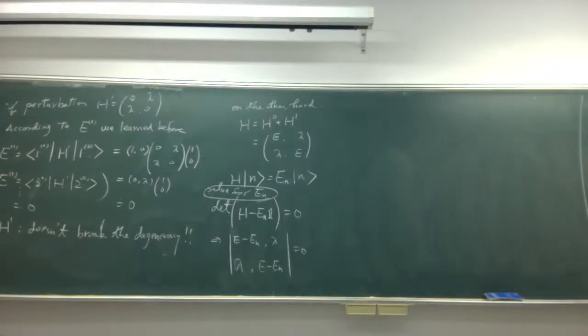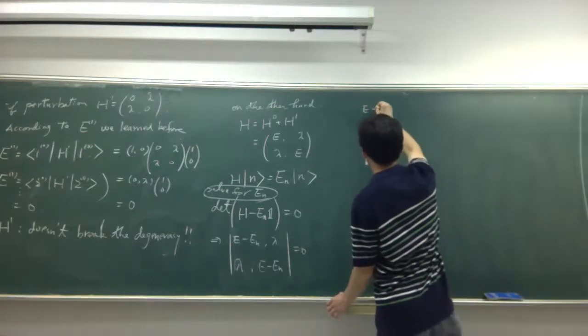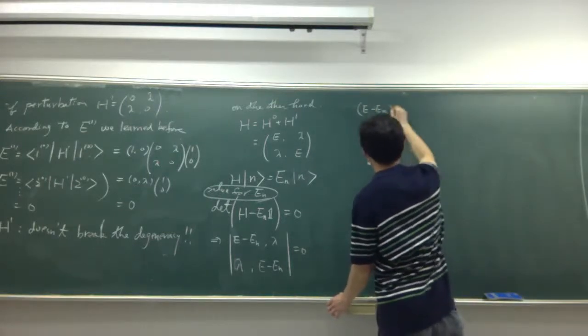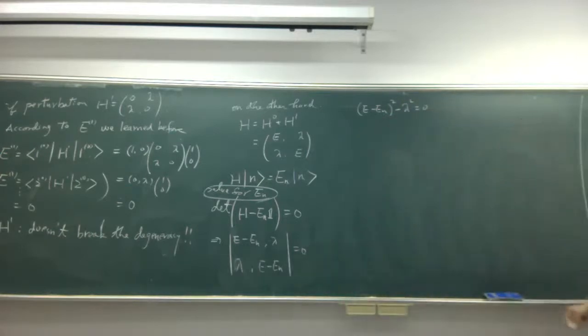So E minus En squared minus lambda squared equals 0.